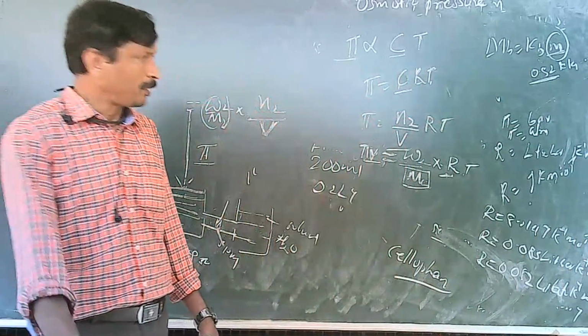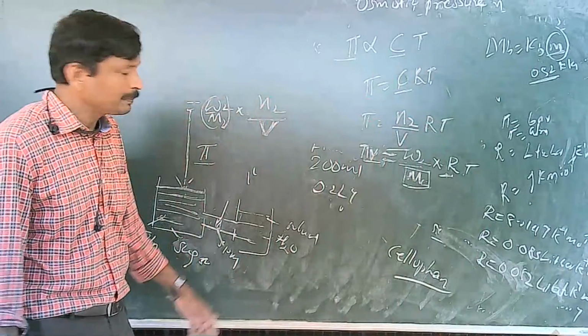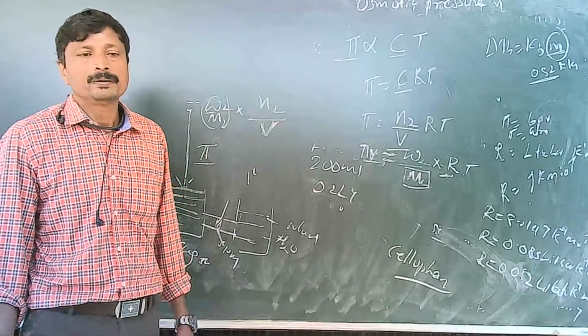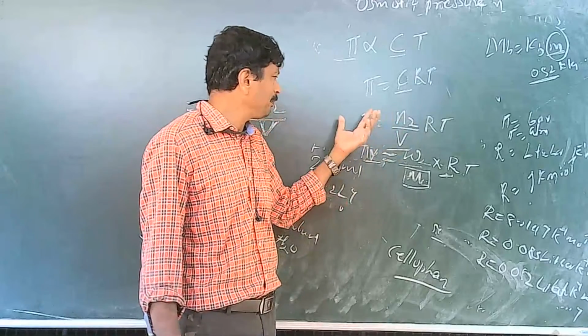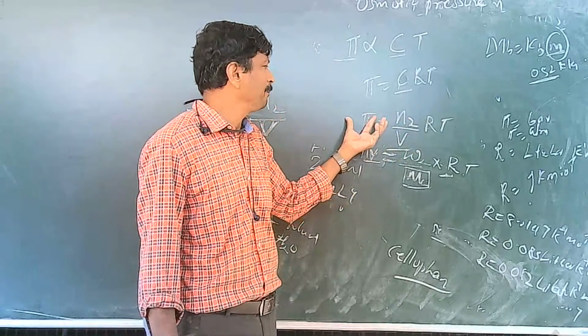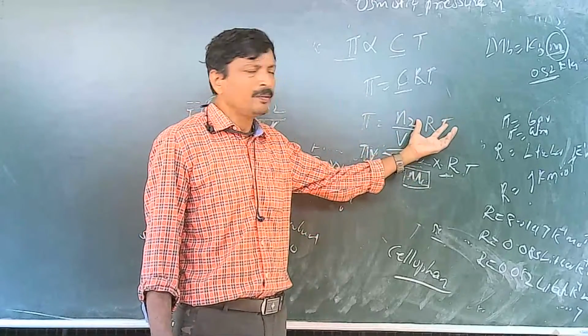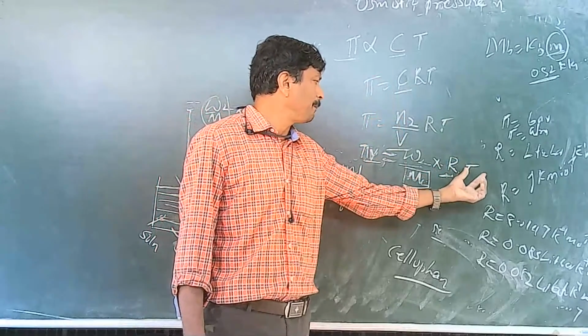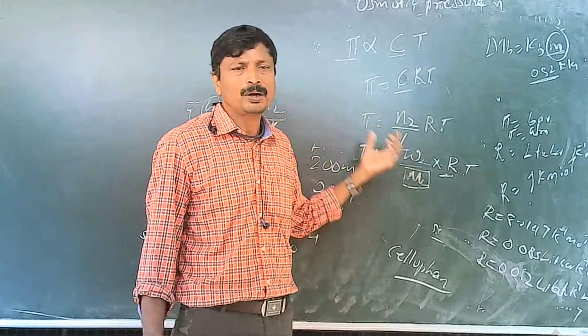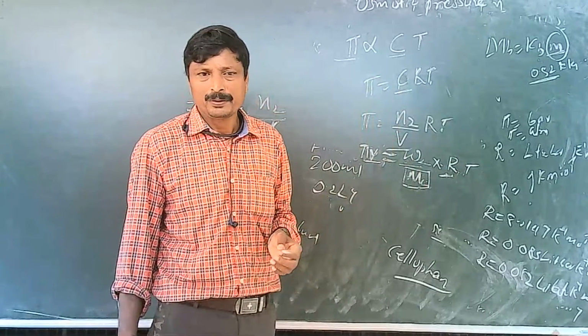So say one problem is there in the textbook. You go to the problem and solve it. See, it's very easy. They have given the volume, they have given the osmotic pressure in bar, and the R value and temperature are also given. The only thing is you have to find out M2.